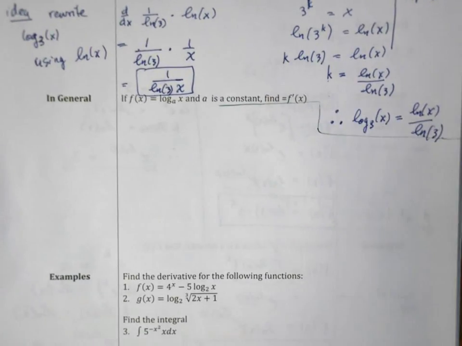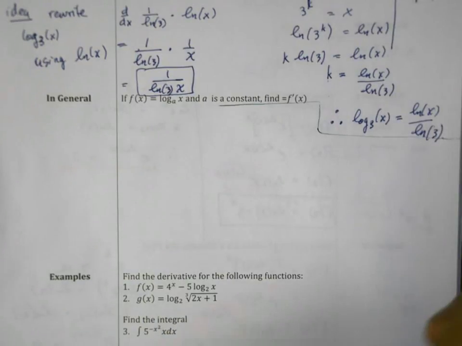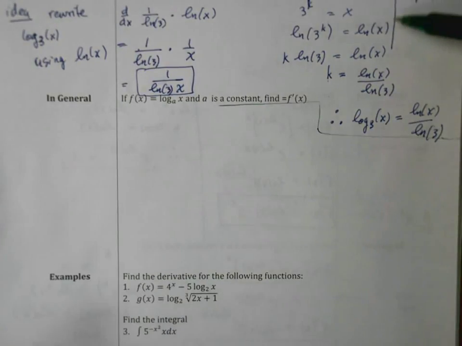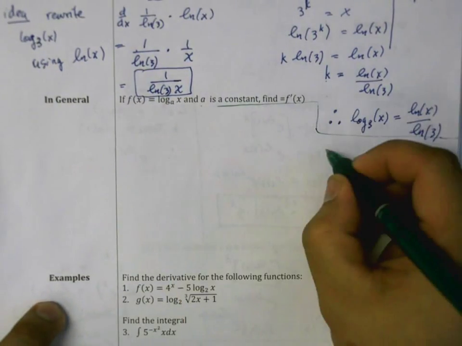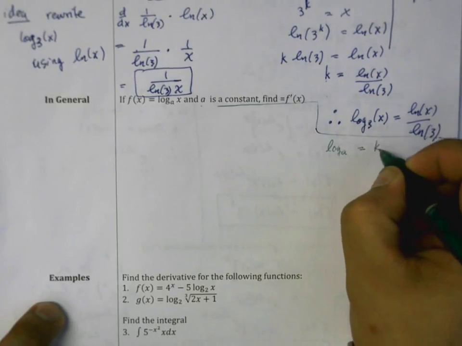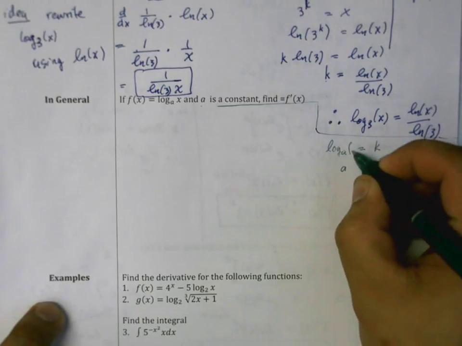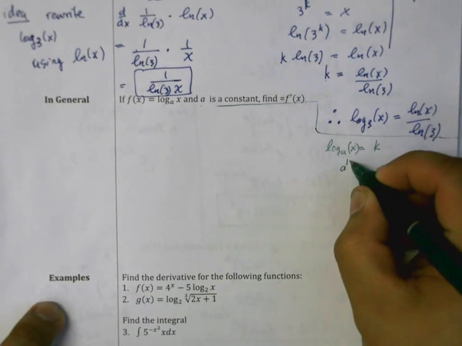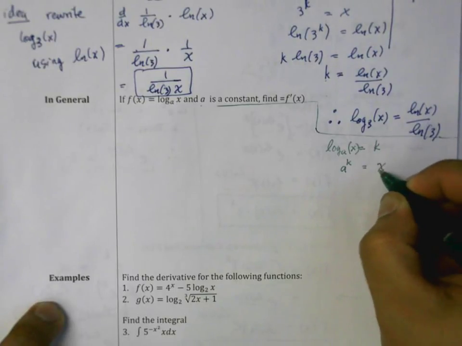Okay, so now let's look at the general idea. We solved a specific problem. Now let's mimic what we did up here, but using a constant a. So I have log base a of x is equal to k. Rewrite in exponential form. A to the k is equal to x.